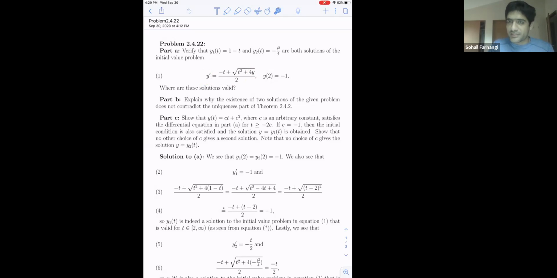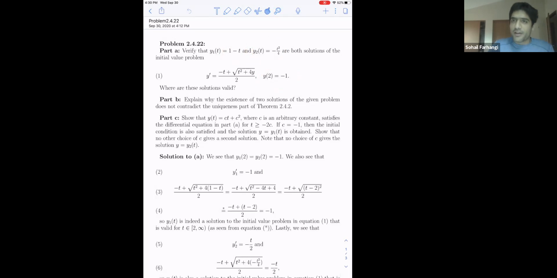But we're about to see that there's two distinct solutions that both satisfy the same initial value. So this doesn't happen with linear differential equations. A first order linear differential equation with an initial value is going to have exactly one solution or no solutions. So yeah, this is already the beginning of the strangeness.